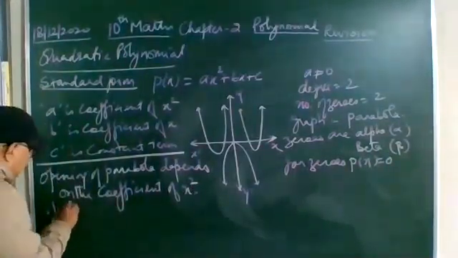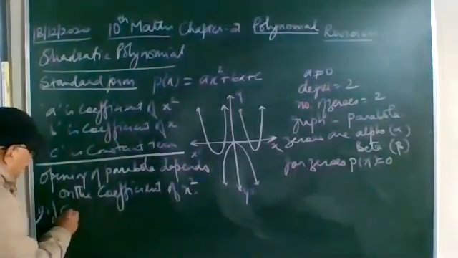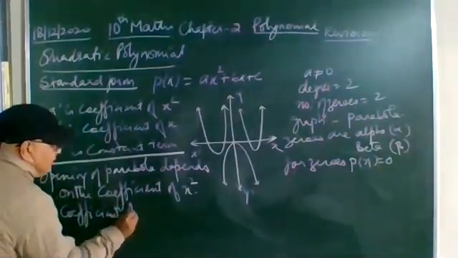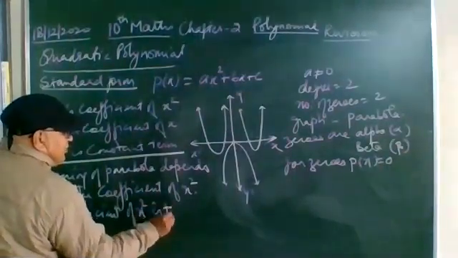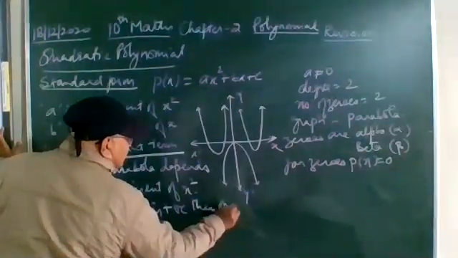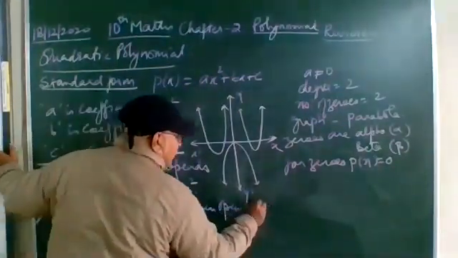One, if the coefficient of x square is positive, then it opens upward.